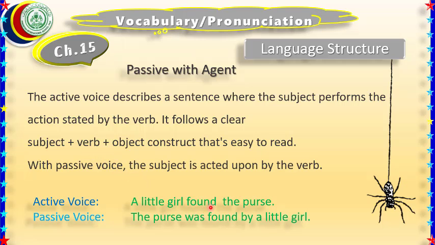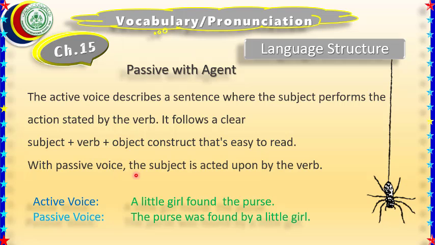What is the verb here? Found. And then there will be an object. What is the object of this sentence? The purse. The object of this sentence is the purse. This is the construction of an active voice sentence.